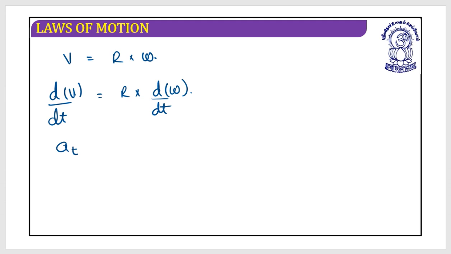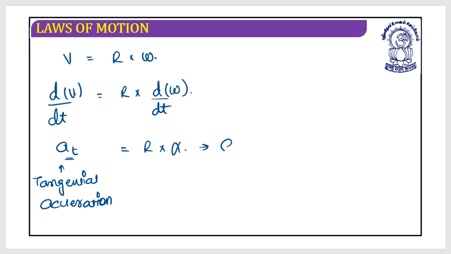Generally we call it AT, the tangential acceleration. It is equal to R times d omega by dt, and d omega by dt is alpha. So this is a very important relation: AT is equal to R alpha.